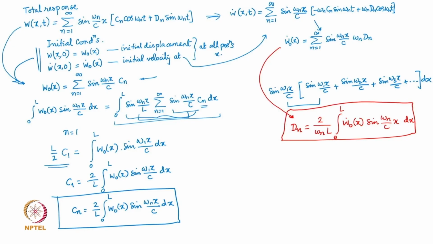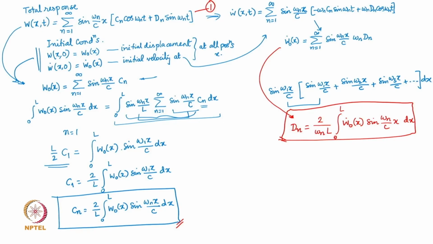Once you have this Cn and dn calculated or obtained, in this particular equation your total response is completely defined, because Cn is known, Dn is known, you have nothing to find. In that expression everything is completely known. You know what is omega n, you know what is Cn and Dn, and so you can find out the total response to any arbitrary initial excitation.